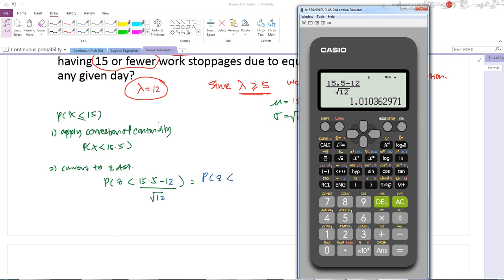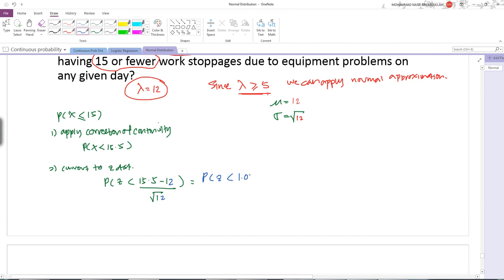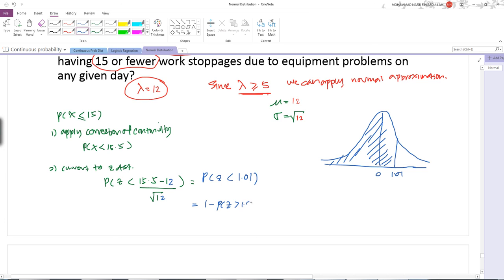So it should be 1.01. Draw the distribution curve. This is 1.01 and this is 0. So definitely this one will be more than 0.5. So we need 1 minus the probability of Z more than 1.01.